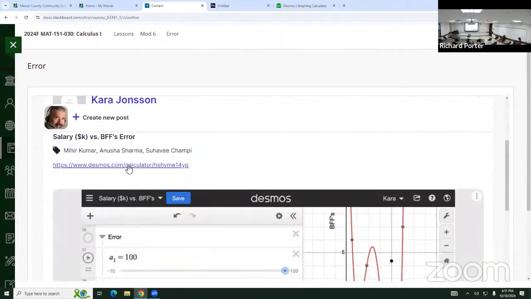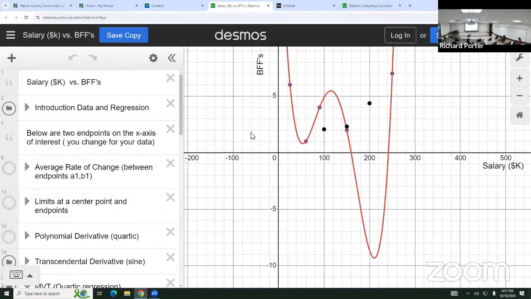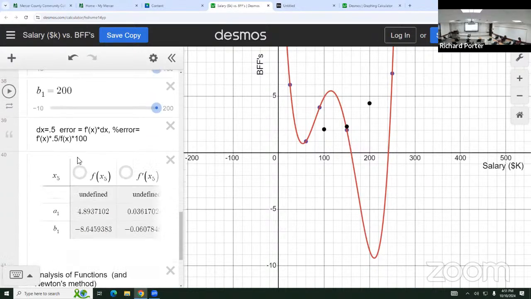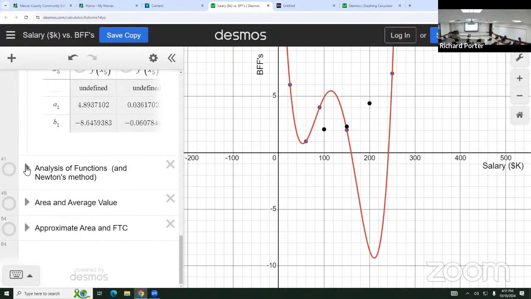So here, Kara, BFFs, you have a critical point somewhere around here and somewhere around there. And all you have to do is go down to the part of your graph which is analysis of functions.